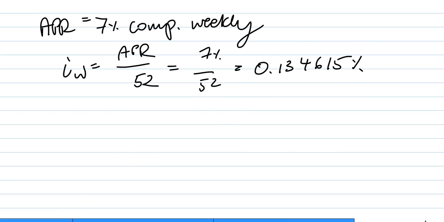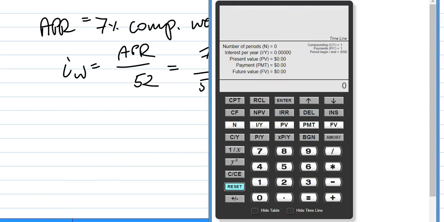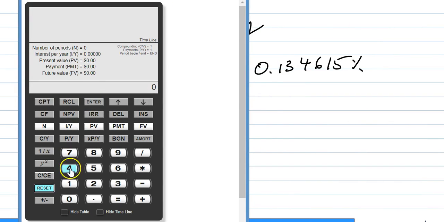So then when we use our calculator, what do we need? We need a present value of $50. We need an interest rate, which would be the one that we computed, 0.134615.